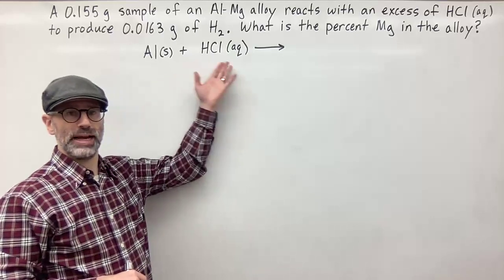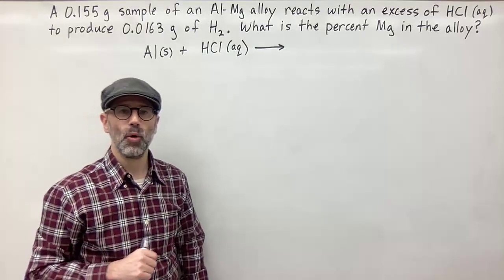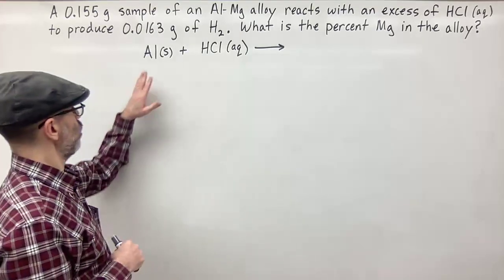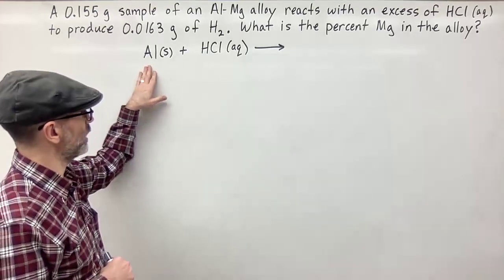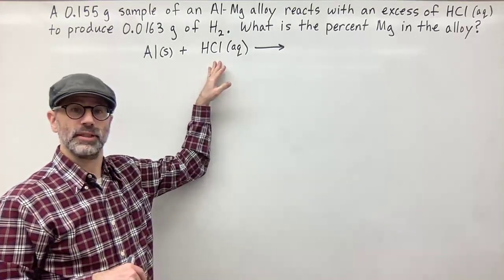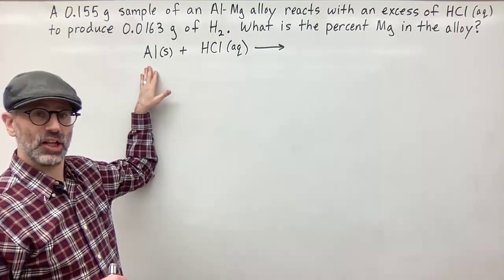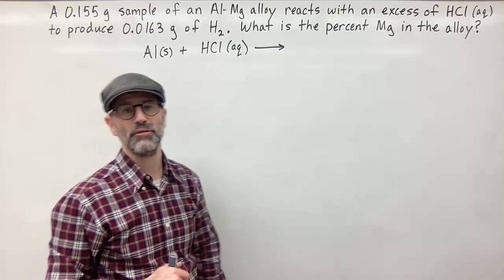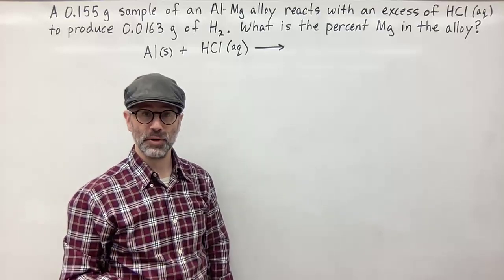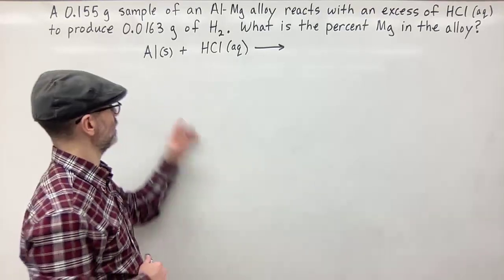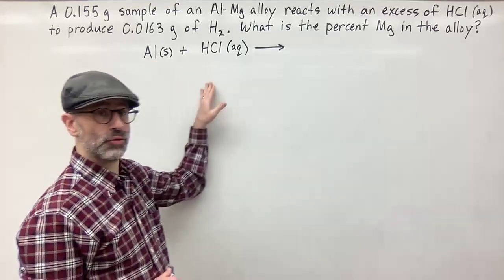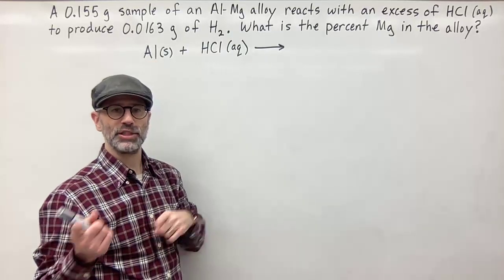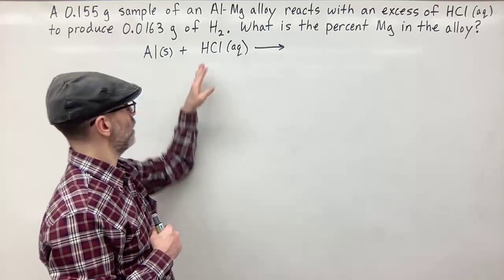However, if you know the reactants, you can figure out what type of reaction this is. So if you know this is an element, right? This is a compound. Anytime you're given an element and a compound, that's a dead giveaway that you have a single replacement reaction. So in this case, the aluminum is going to replace the hydrogen. Think about positive ions replacing positive ions.